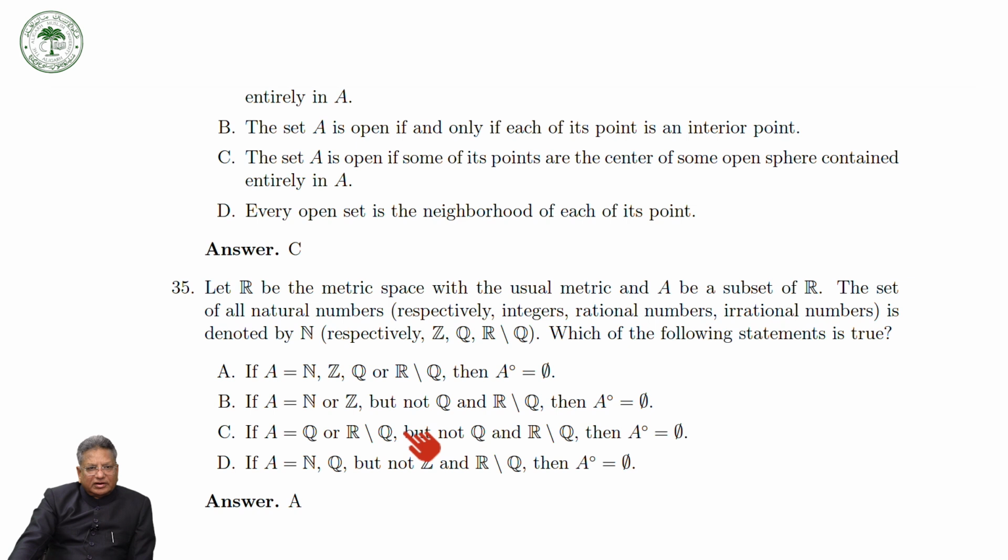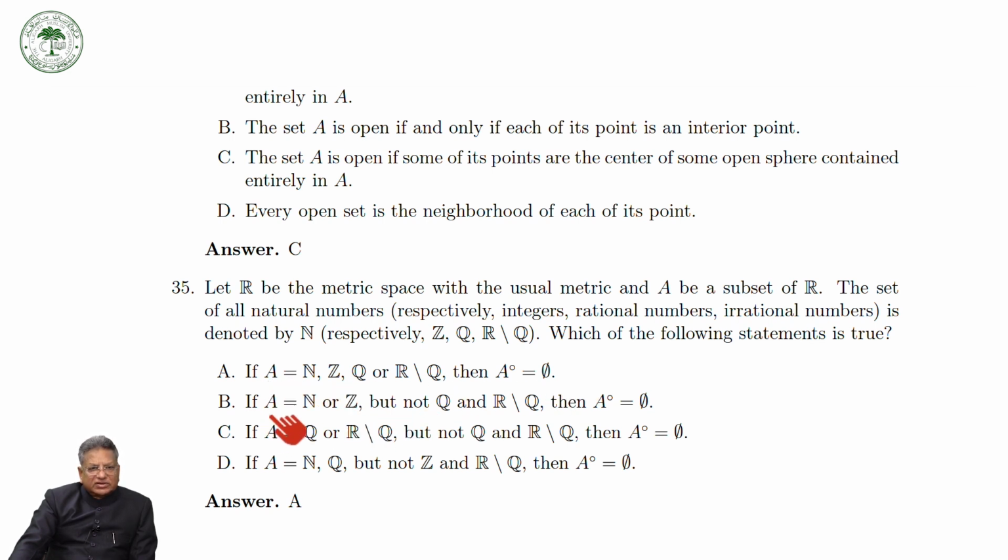Then here, I have already mentioned this as a remark or as an example, that if A is the set of natural numbers, integers, rational numbers or irrational numbers, then the interior of A is the empty set.